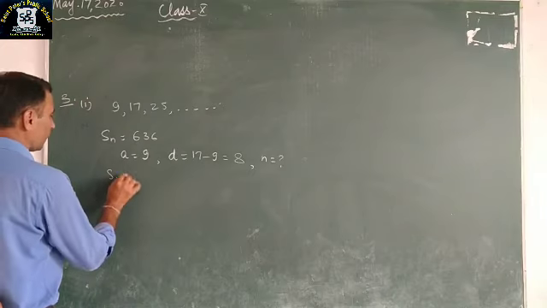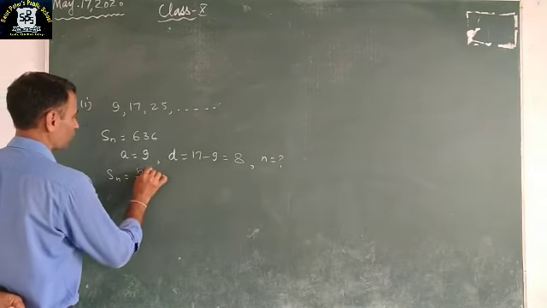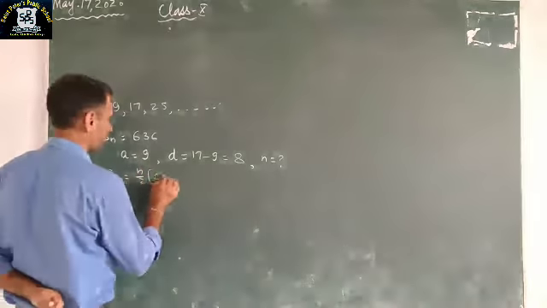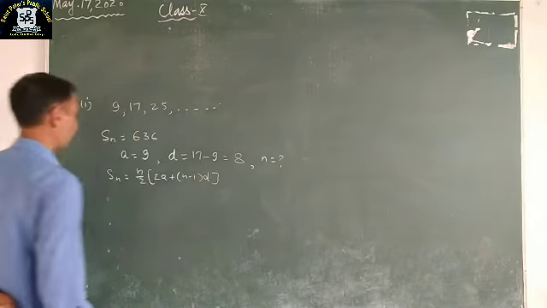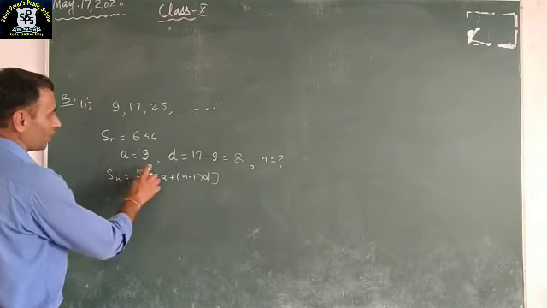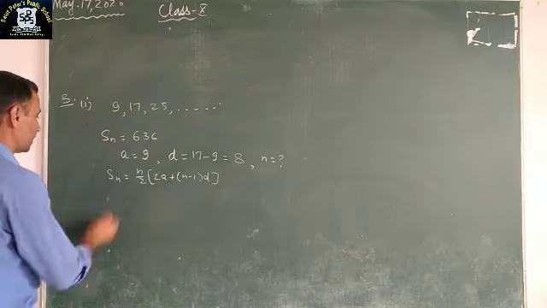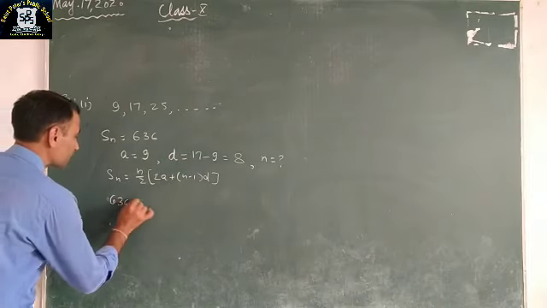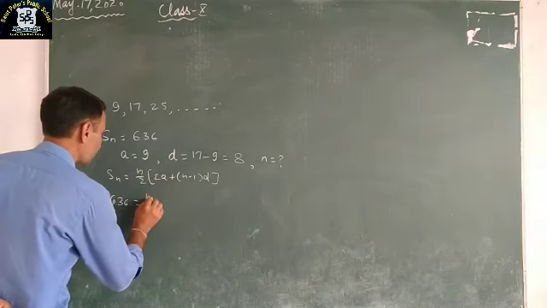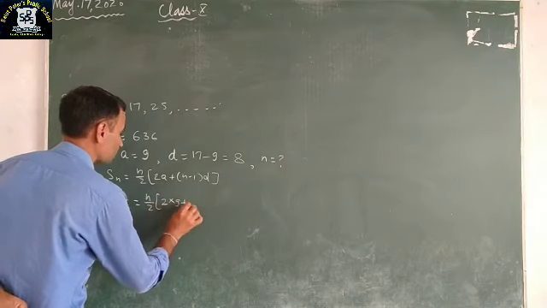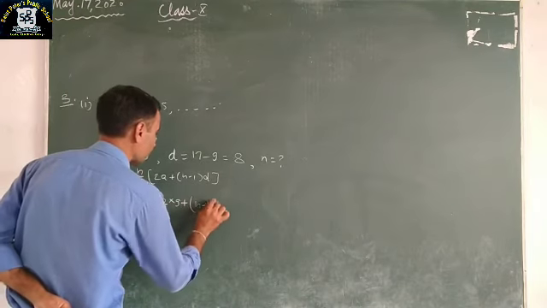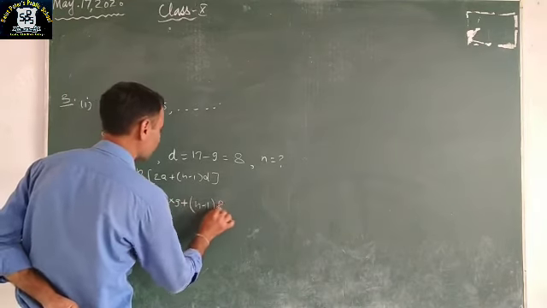So Sn equals n by 2 into 2a plus n minus 1 into d. Put the values of a, d and Sn: 636 will be equal to n by 2 into 2 into 9 plus n minus 1 into the common difference 8.